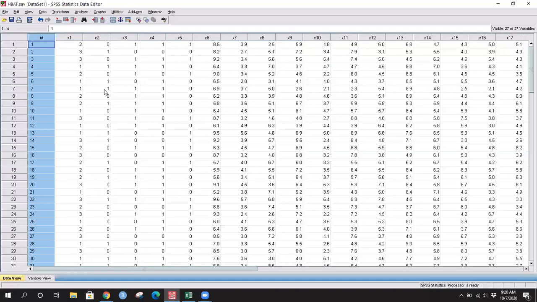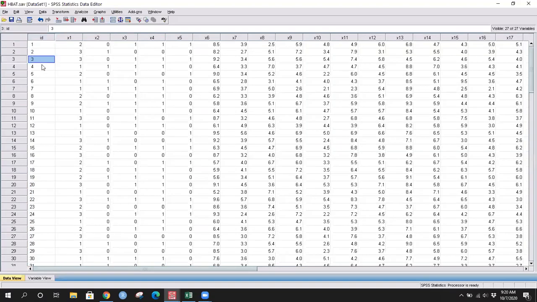That means initially each individual, say individual 1, individual 2, individual 3, and so on, acts like a cluster within itself. So it's like I have 100 people, and hierarchical cluster analysis starts on the basis that each person is different from each other. So we have 100 different clusters as a starting point.